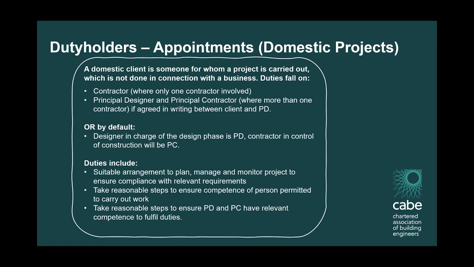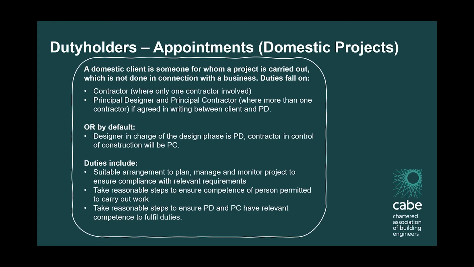In terms of appointments for domestic projects, and a domestic client is someone for whom a project is carried out which is not done in connection with business, the contractor automatically acts as both the principal designer and principal contractor if they're the only person doing work. And duties fall on principal designers and principal contractors where there's more than one contractor.